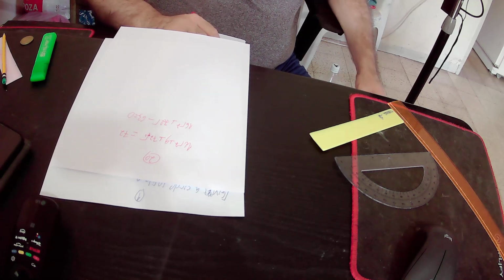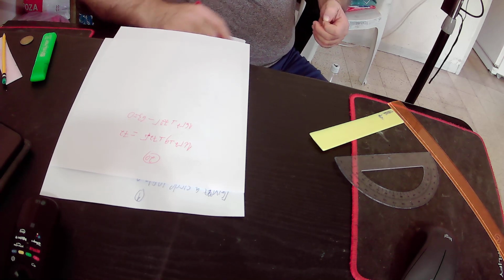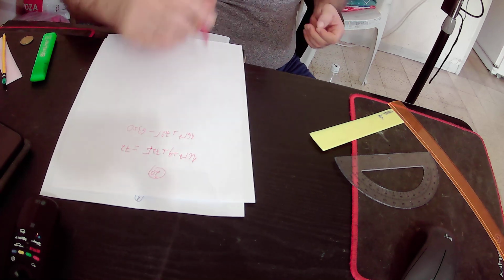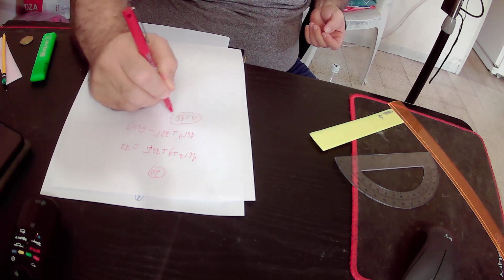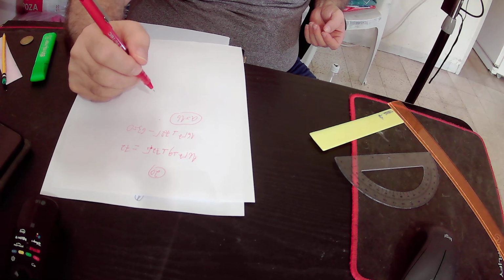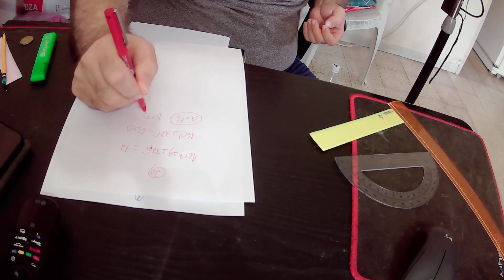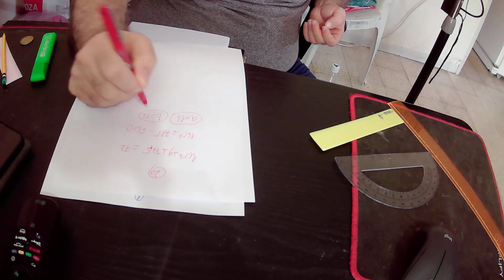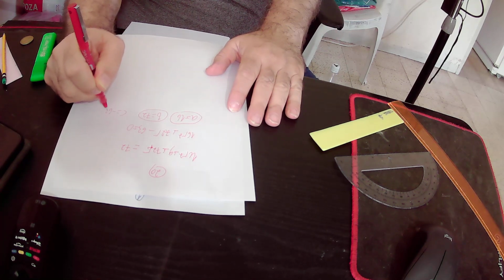Here we have a quadratic equation, and the coefficients of this quadratic equation are a equals to 16, b equals to 72, and c equals to minus 63.